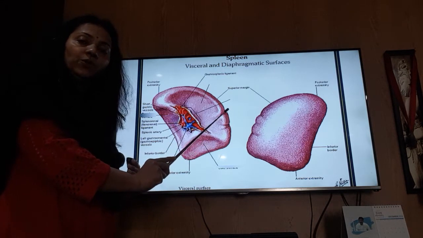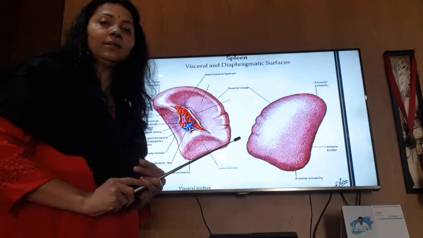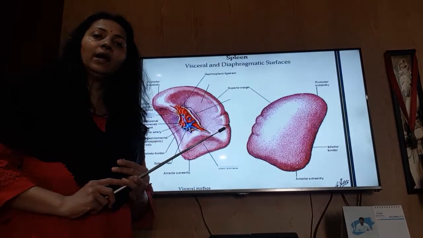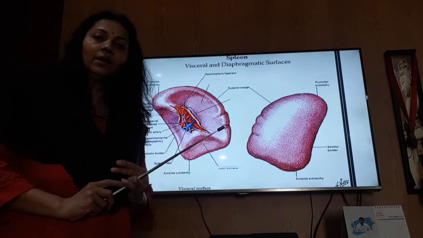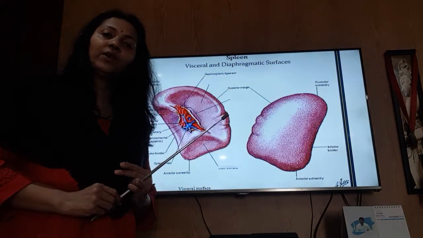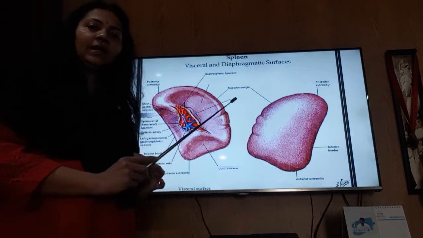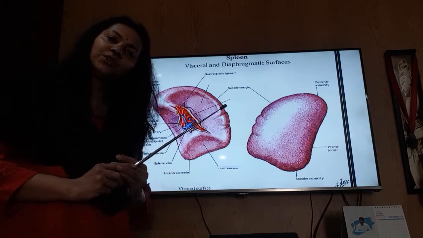This is actually the impression produced by the transverse colon and descending colon. The junction of these 2 colons is called splenic flexure. So this is the impression of that splenic flexure. That is why it is called colic impression.